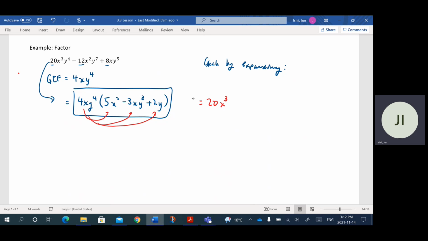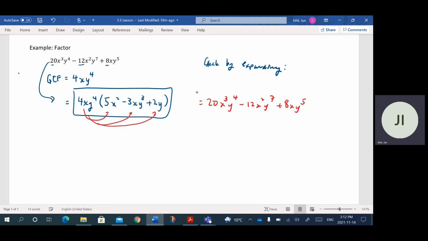Y to the 4th, there's no y there, so that's just y to the 4th. Minus 12. All right, 4 times negative 3 is negative 12. We have x squared and y to the 7th. And the third term here, 2 times 4 is 8. X, there's no x there, so that's just x here. Y to the 4th times y is y to the 5th.